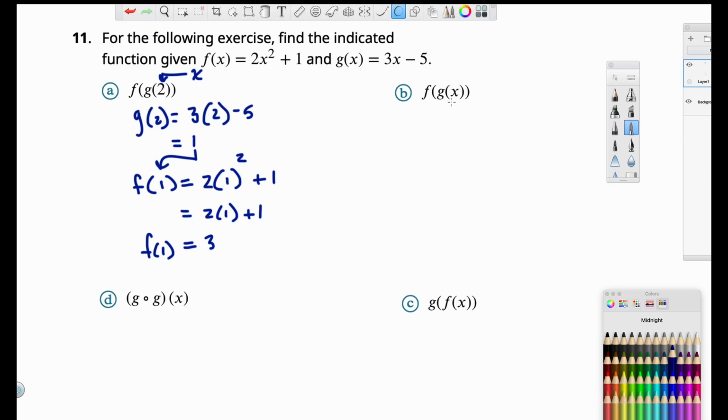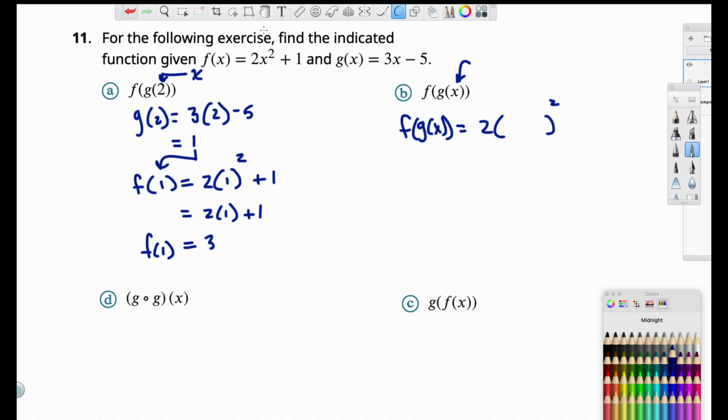Okay, f of g of x. Right now I'm just using x as the input, and we already have that here. So all we're going to do is take this right here and put it in for that x right there. So f of g of x equals, okay, so I'm going to write the f of x function, but I'm going to put a big set of parentheses for the x right here.